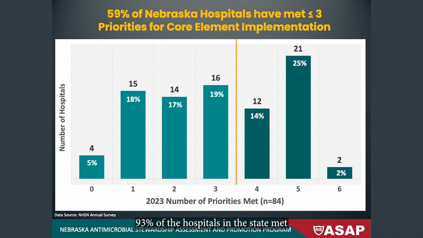So as we saw, 93% of the hospitals in the state met all 7 core elements, but when you look specifically at these newly published priorities, we see far less of our hospitals able to meet all 6 of these. In fact, only 2 hospitals in the state. And so this is not really surprising since these are new and they're kind of complex, but I think this just identifies we have some opportunity to specifically hone in on some of the activities we can do in our hospitals to improve stewardship.